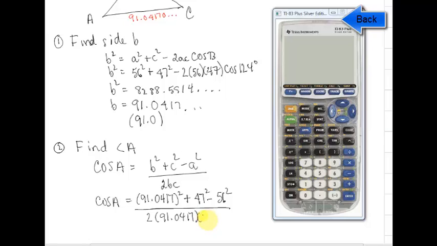91.0417 times 47. Okay, so when I put this into my calculator, I'm going to make sure that this is in a bracket in the numerator and the denominator is in a bracket.